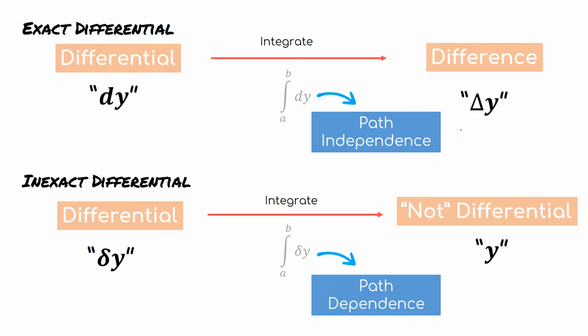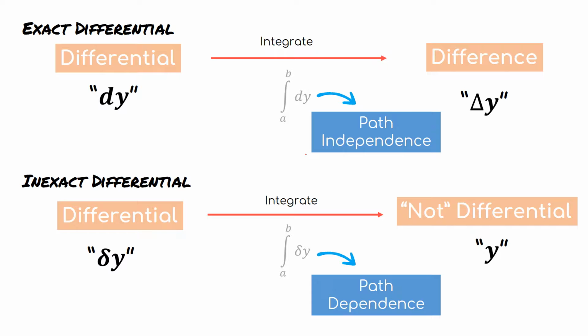You always get the same difference as long as your initial and final points are the same. So as long as a and b are the same, it doesn't matter what path you take, you always get the same difference. And this is called the path independence property of the exact differential.